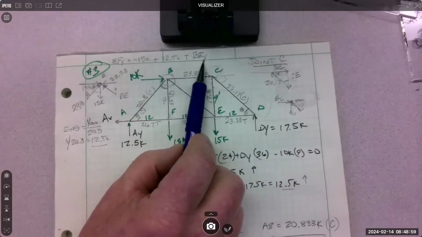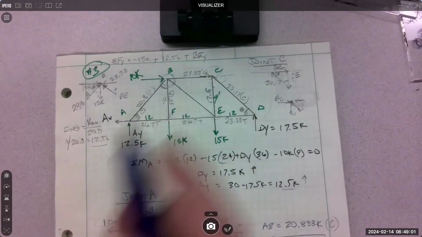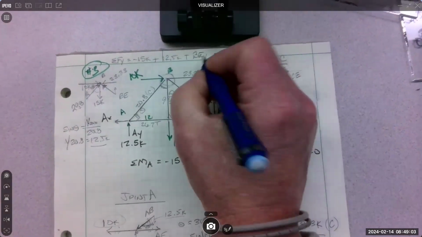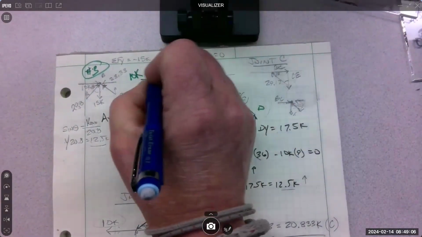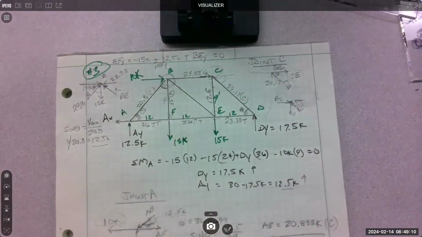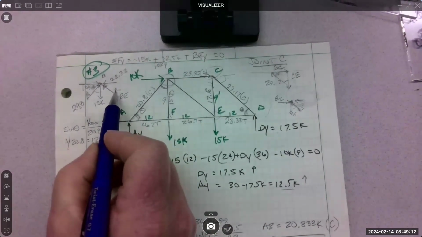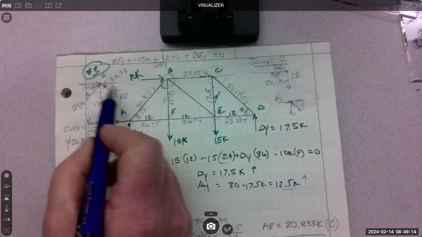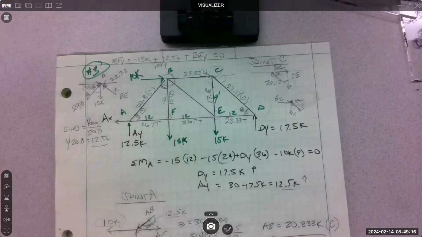So in this case, I'm going to solve for BEY, the Y component right there. Once I have that, I can get BE just from its own triangle. So BEY equals what? 12.5 and 15, they're opposite sign.